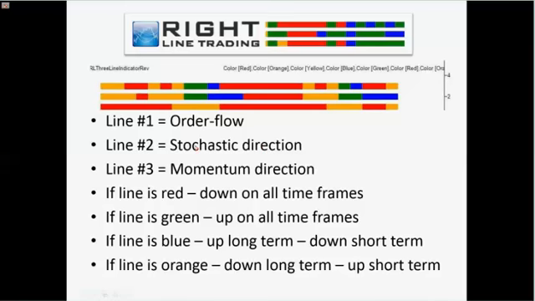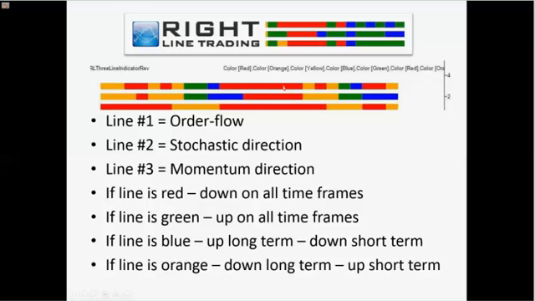Now, we know that looking at multi-time frame order flow and multi-time frame momentum to confirm the validity of an entry based on market structure increases the predictive value of a trade. So we developed the 3-line indicator. The first line is order flow.